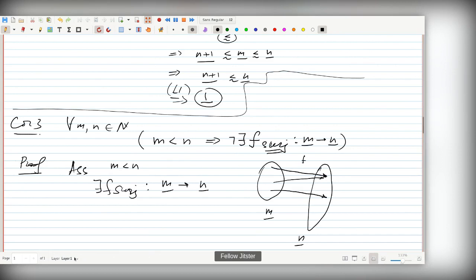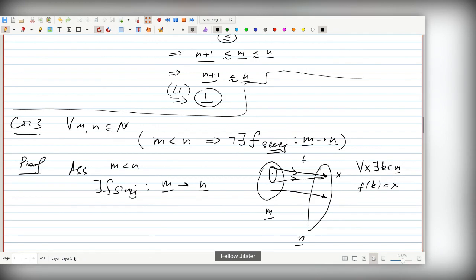Let us consider an arbitrary element x here in N underlined. As f is surjective, for every x, there exists some k in M underlined such that f of k equals x. This is just surjectivity.